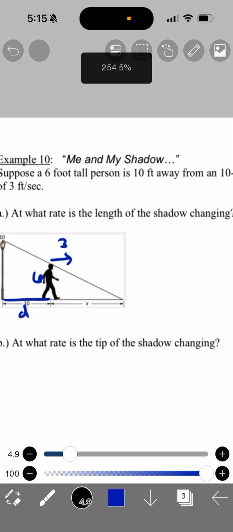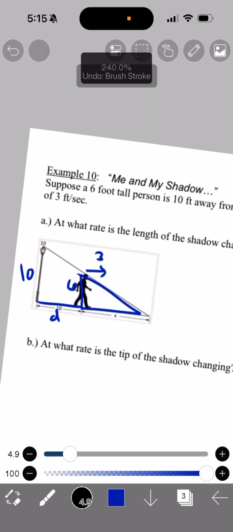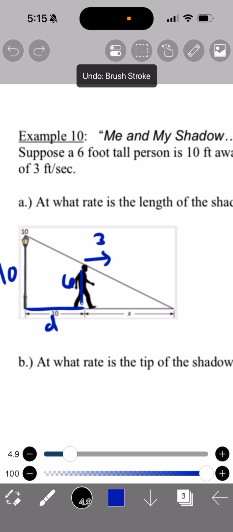Let's draw this out real quick. I'm going to draw this big triangle here and then this tiny little triangle here. Because these two are related triangles, they have side lengths that are proportional to each other, and it's going to make it a lot easier for us to solve. That is going to be the equation that we use, and then take the derivative and all that, the stuff that we usually do.